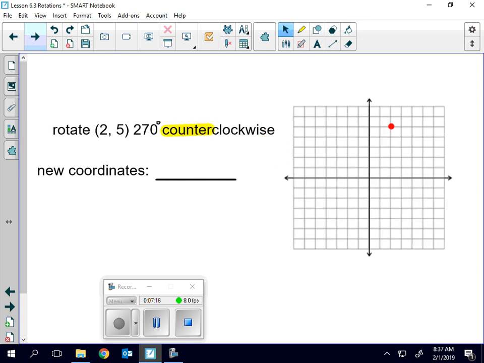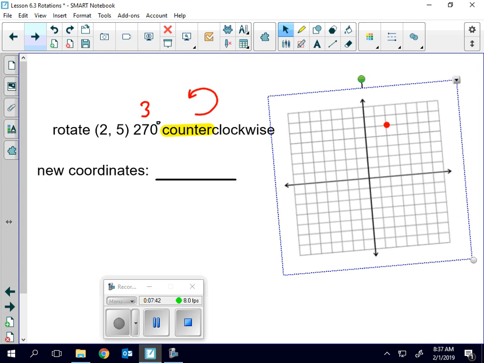All right. What if we were to go counterclockwise 270 degrees? Hold it up straight how it was in the beginning, and now we're going to go the other way, counterclockwise. Okay, so 270, that's 3 turns, right?